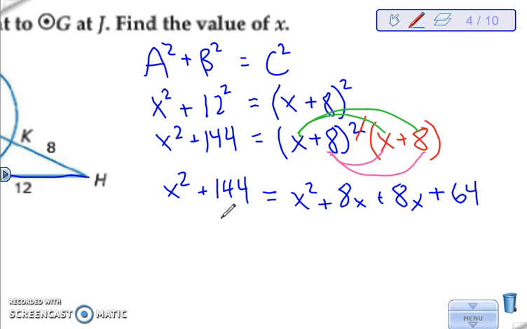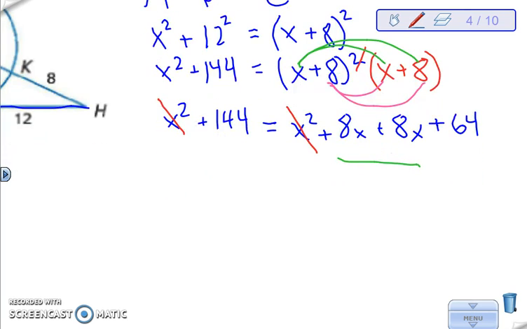And we notice that there is an x squared on both sides of the equation, so we can subtract it out. We also notice that we can combine like terms to simplify down even further.